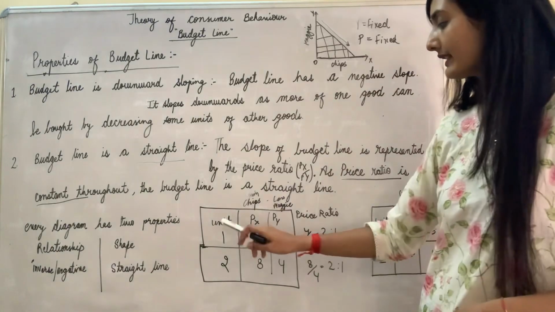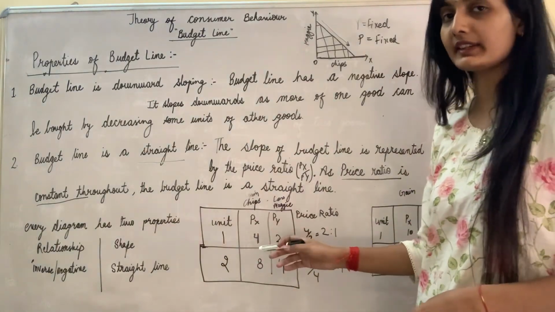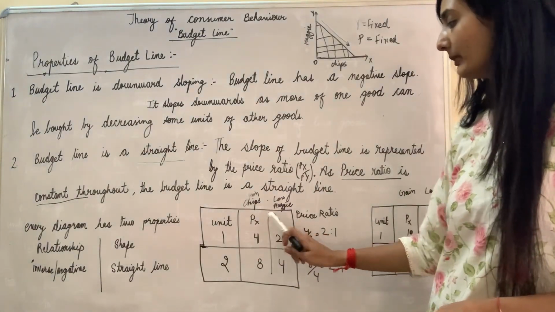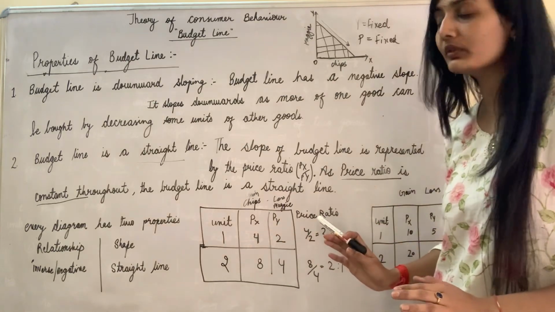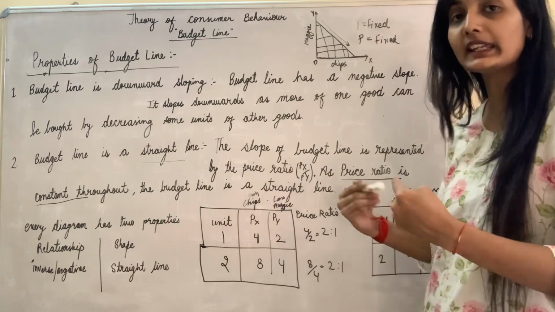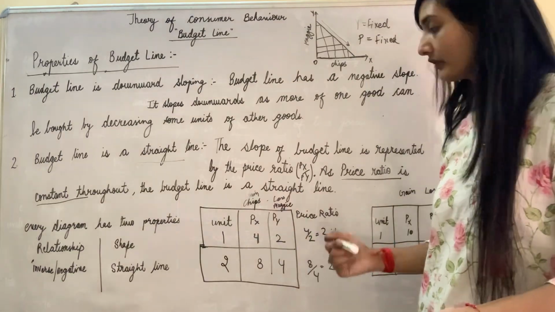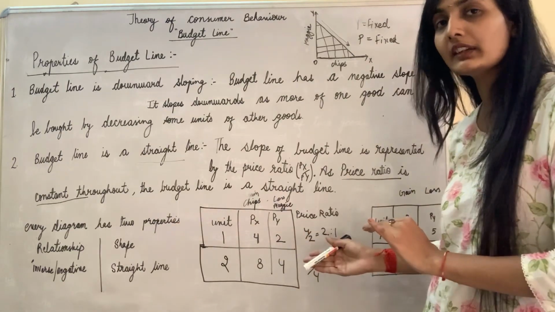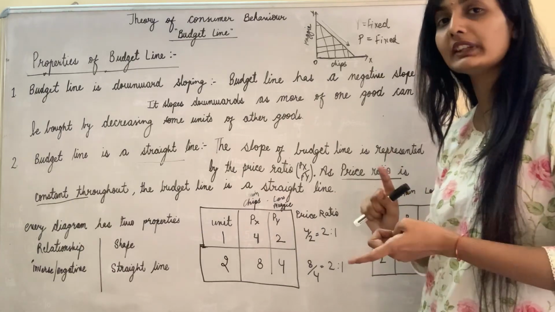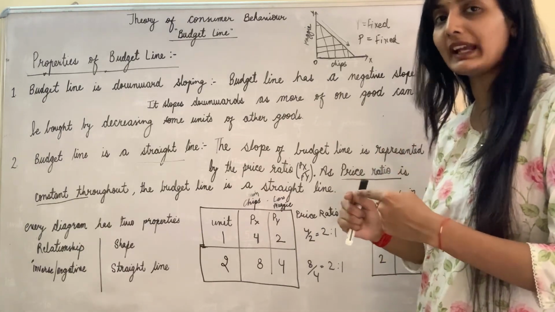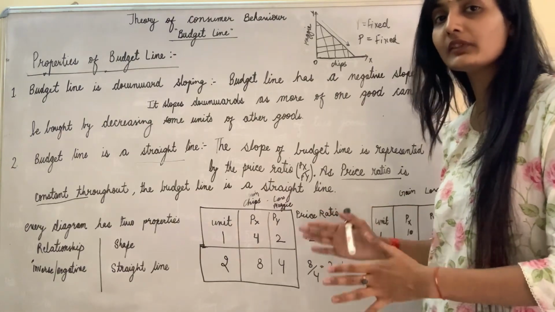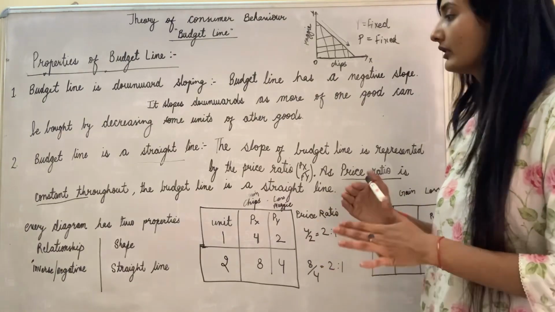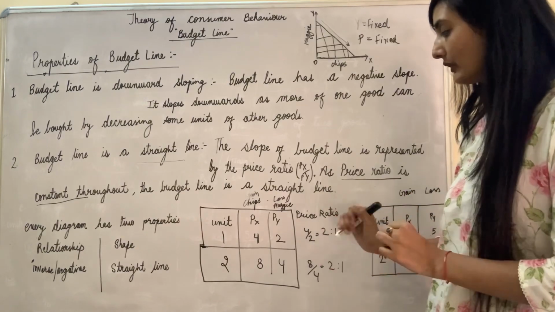Now come to the example. We will discuss with an example, as I am consuming unit 1 of chips and Maggi. In this example, we will increase the consumption of chips and decrease the consumption of Maggi, and I will change the price ratio in a form that gives a constant result throughout.